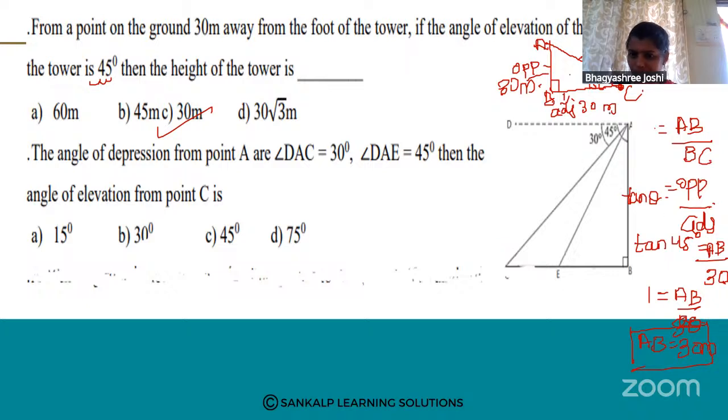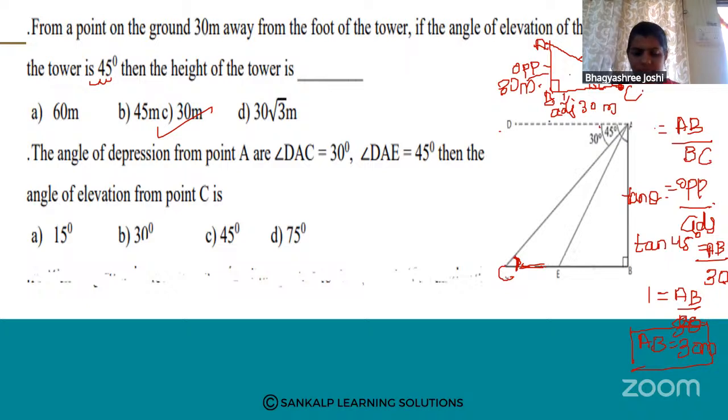This is D, A, E and D, A, C. DAC is 30 degree they have given and DAE is 45 degree. Then the angle of elevation from point C, we want this angle.